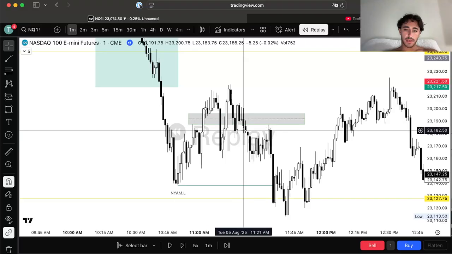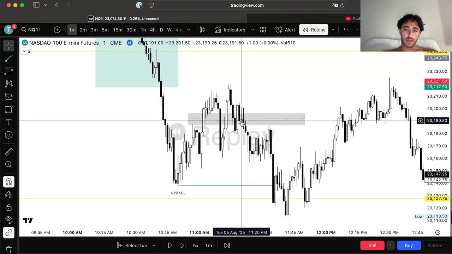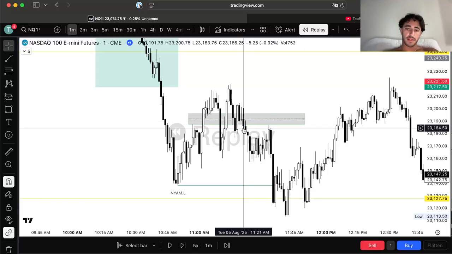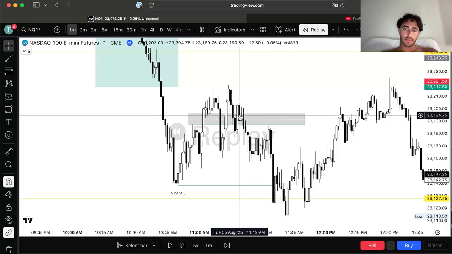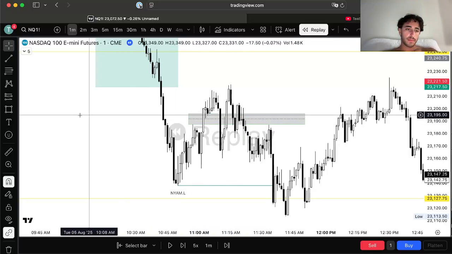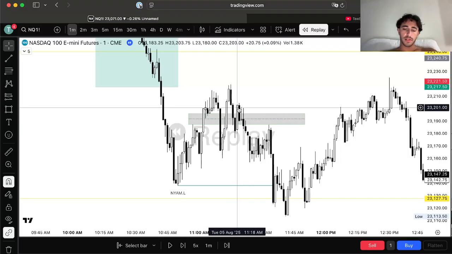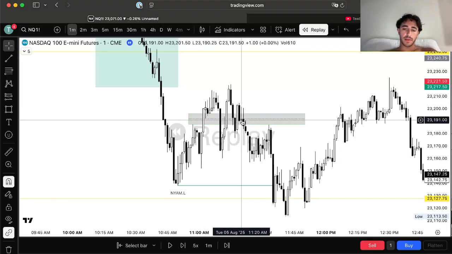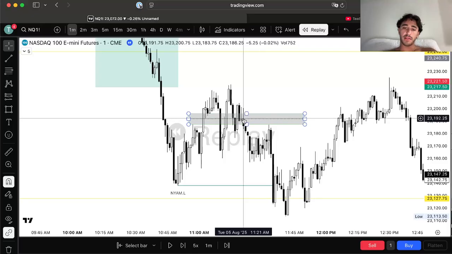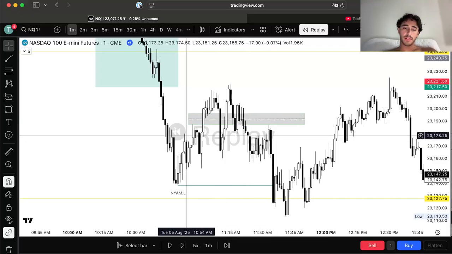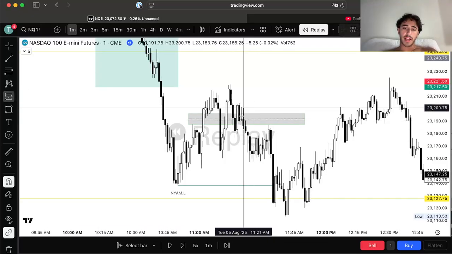Okay, now I could take it right here on this candle is when we inverse that, right? But at this point in time, we already tapped into this balanced price range in here, this sell side imbalance. Then we closed below the 5-minute on this candle right here. And we already got a reaction off of this.